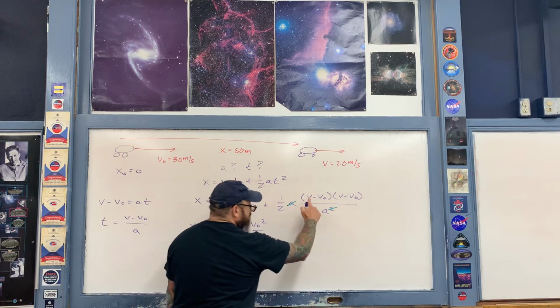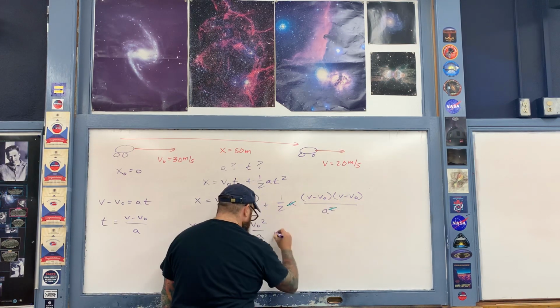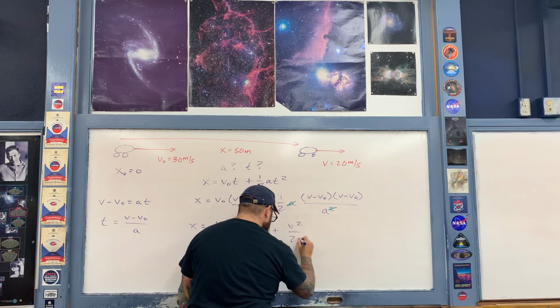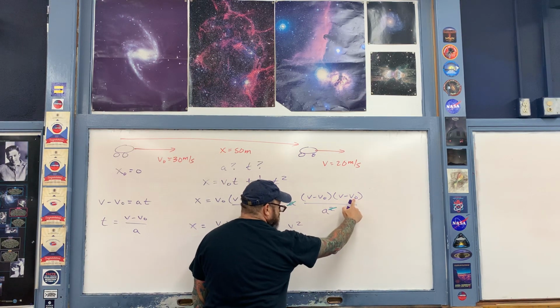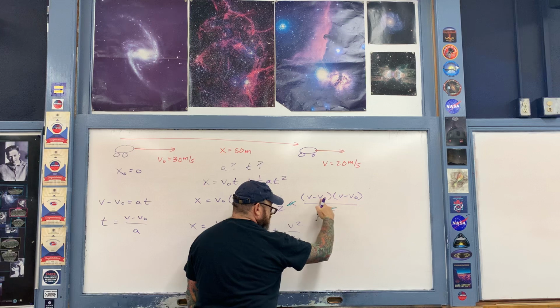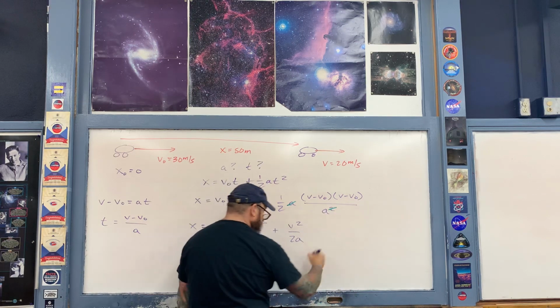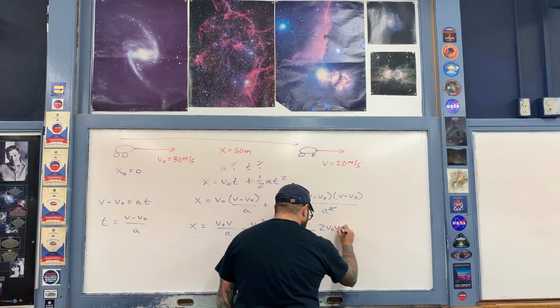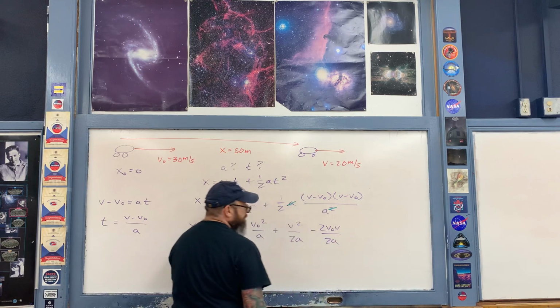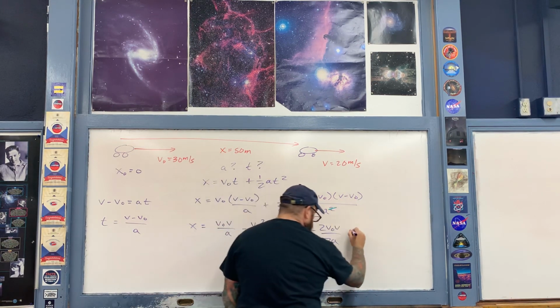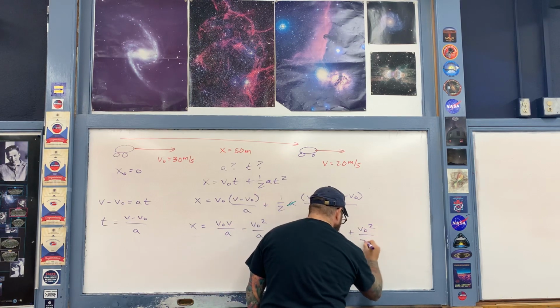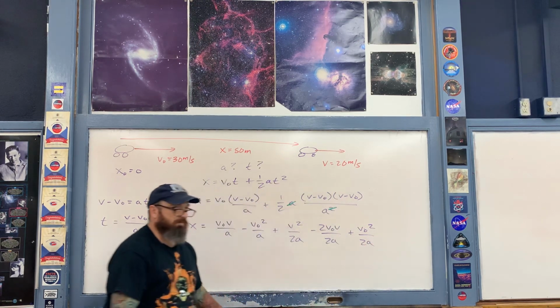So I first of all have v squared over 2a, like so. And then I have here v times a negative v0, but then there is a second v times a negative v0. So there's two of them. So minus 2 v0 v over 2a. And then the last term is negative v0 multiplied by itself, so plus v0 squared over 2a, like so.